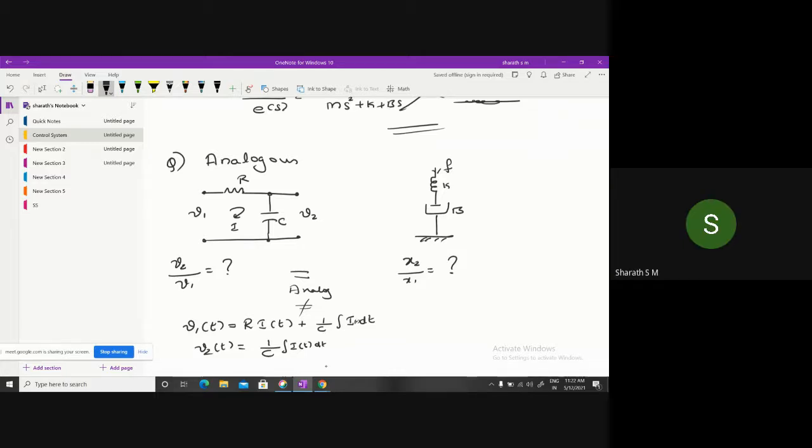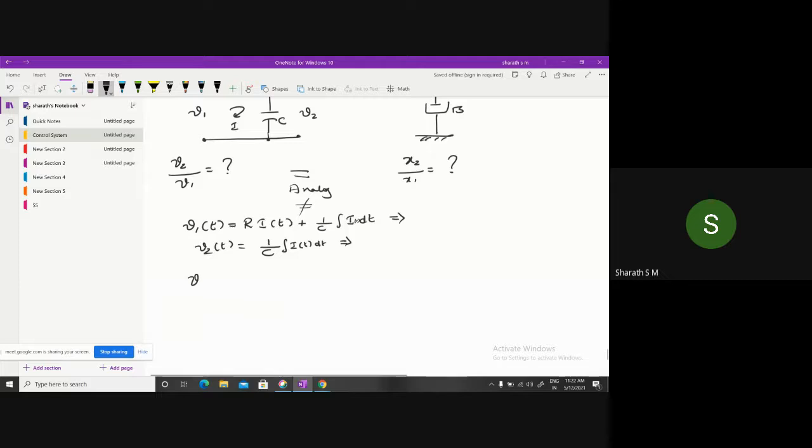Yeah. Apply the Laplace for this. What's the equivalent Laplace equation? What is V1 of s?